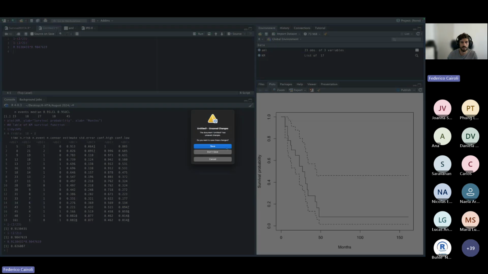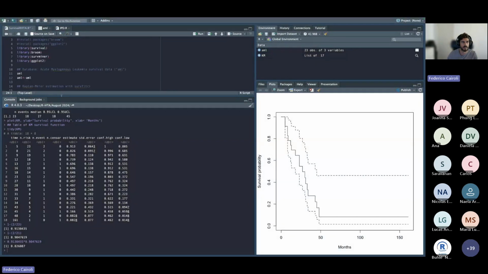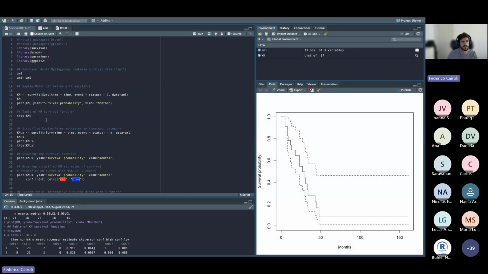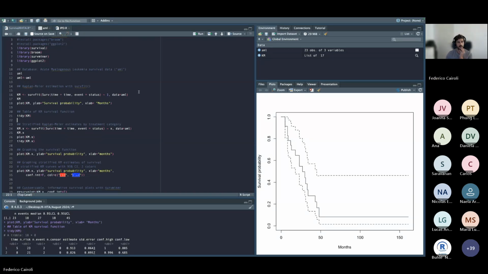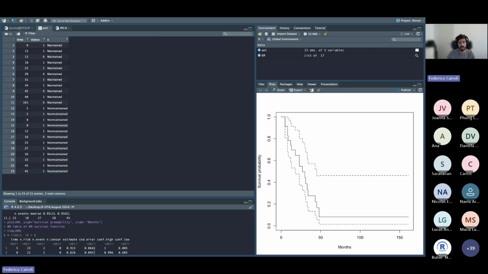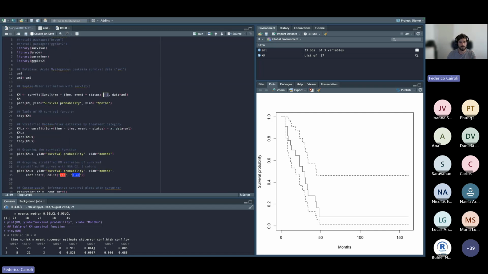So we close this and we continue with our script. If you remember, to begin with, we were interested in replicating the Kaplan-Meier curve for the whole data set, which again is AML. But what if we would like to see two different Kaplan-Meiers, one for the maintained group and the other one for the non-maintained group?